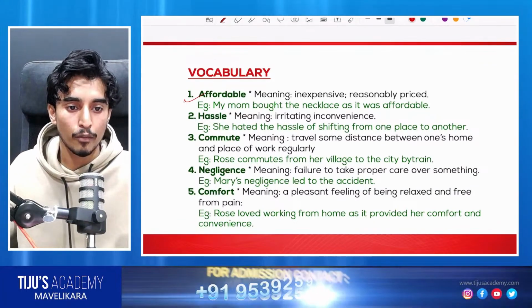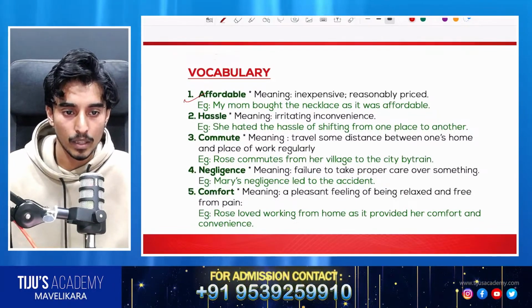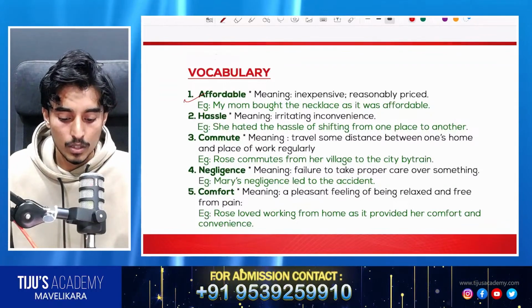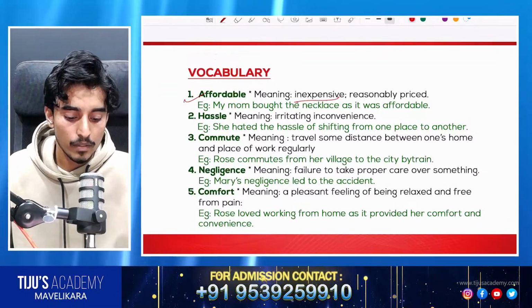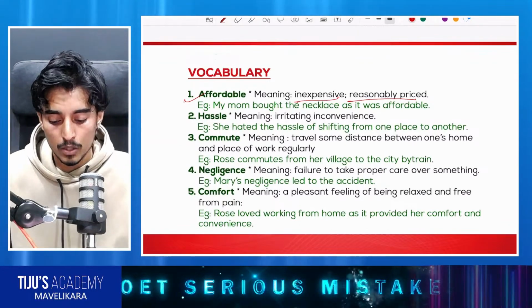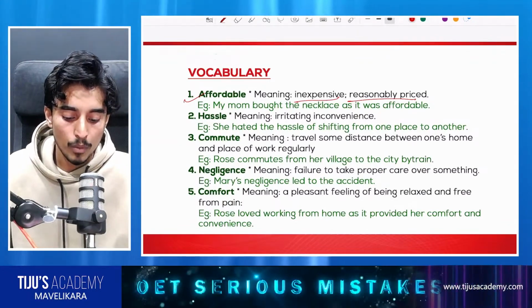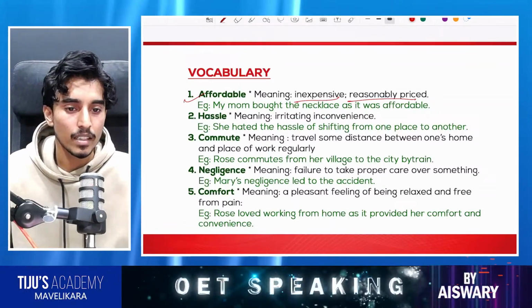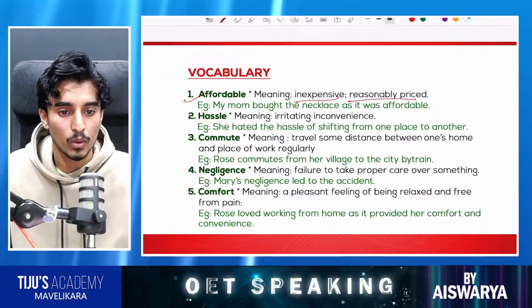You can easily afford it at a very nice price, and it also has good quality. So that is the meaning of it. I will give an example: My mom bought the necklace as it was affordable. That is a sentence you can use with the word affordable.